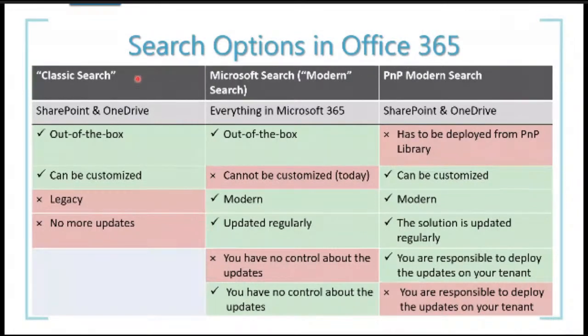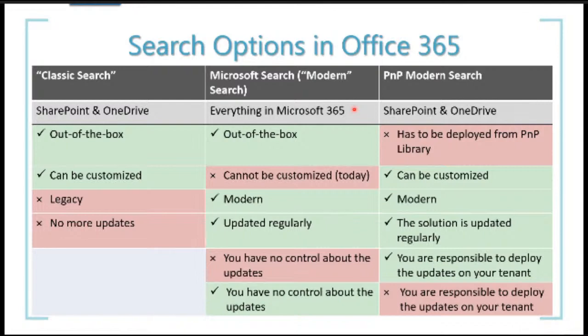As I said, Classic Search is out of the box. It can be found on every tenant. You can use it if you like. It can be customized, but at the same time, it is legacy, which means no more updates, no more improvements, no more enhancements.